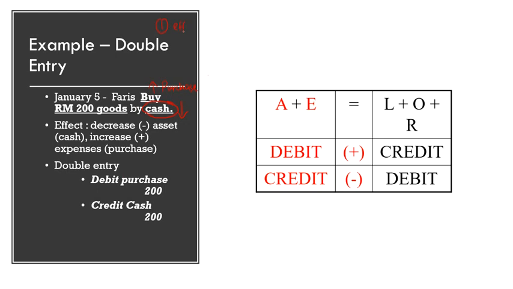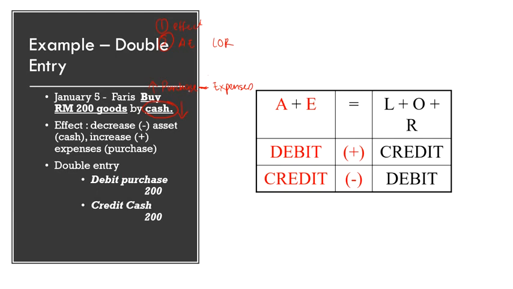Okay, so next, lepas you dah pun classify apa yang increase and decrease, okay, effect. Second, you must classify it into LOR. Whether this purchase is an asset, an expense, liability, owner's equity or revenue. So you say purchase is an expense. Okay.